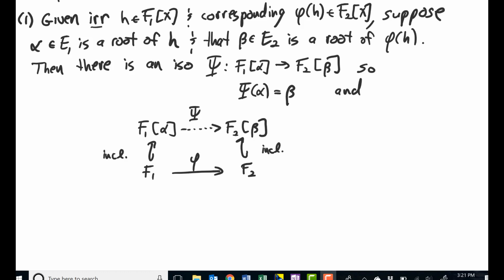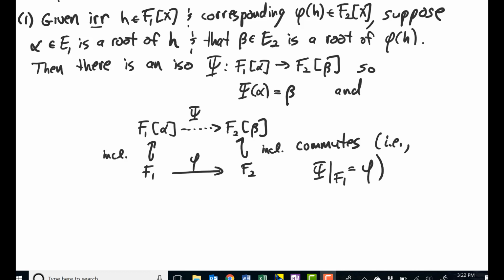F1, of course, by inclusion embeds into F1 of alpha, and F2 embeds by inclusion into F2 of beta. And the map we're looking for, psi, goes on this top row from F1 of alpha to F2 of beta, and it makes everything commute. So you can start down at F1, include it, map it over with psi, or use the little phi and map it over to F2 and then include that, and you'll get the same answer.